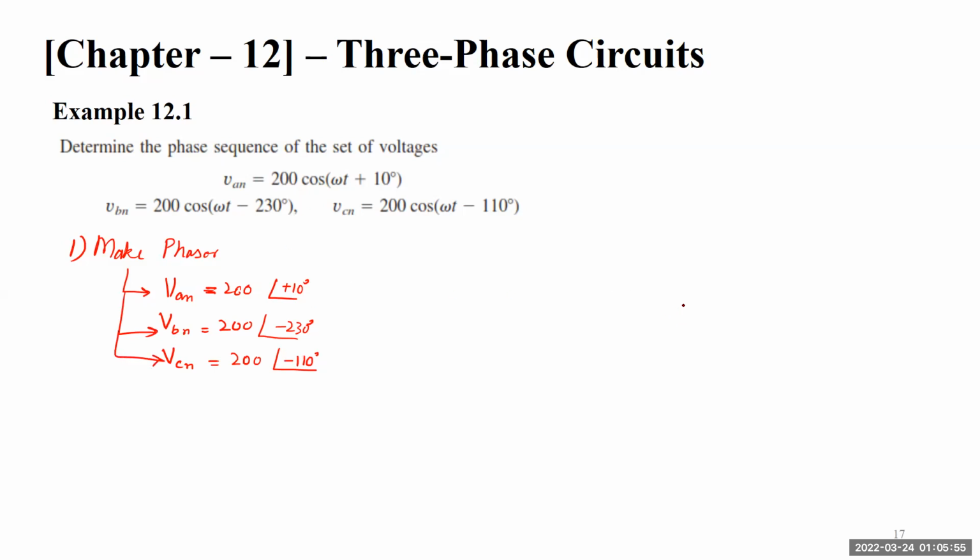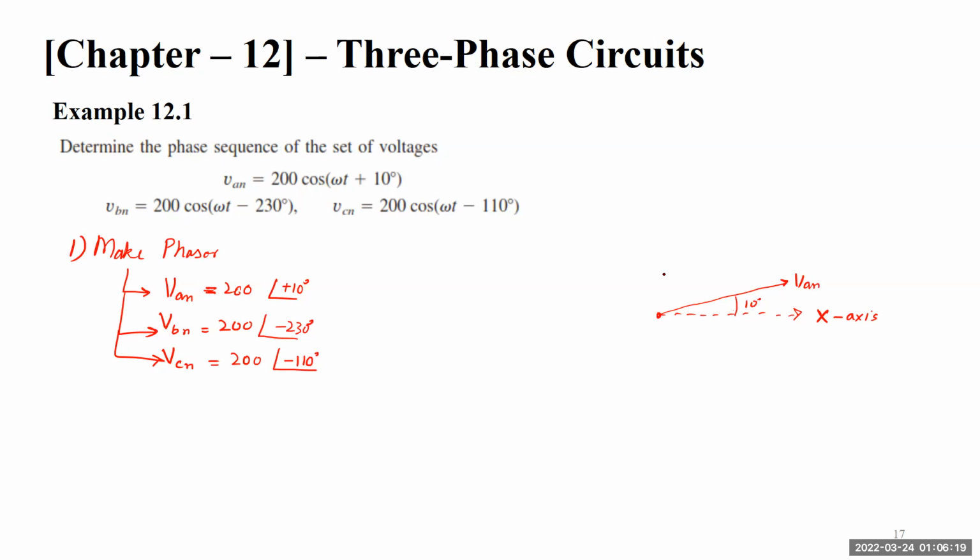Okay, so these three voltages are given to us. Now let's draw a phasor diagram of it. Whenever you draw the phasor diagram, determine your x-axis first, and from the x-axis draw. So this is my x-axis. My first angle is VAN, which is 10 degrees apart. So let's say this is my VAN.